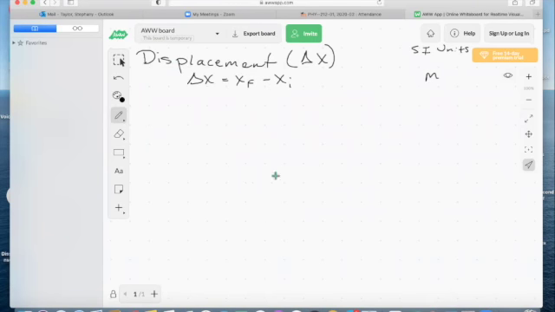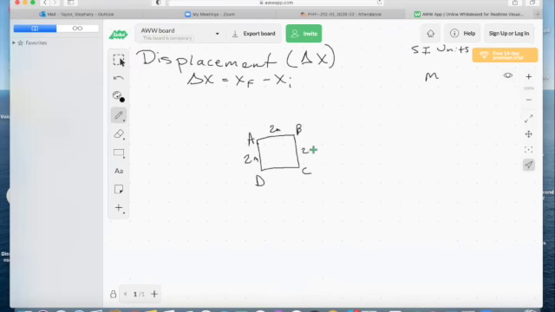All right, so let me just display a little example of the difference between distance and displacement. Okay, so let's say we have a triangle. Each corner is a position. So let's say A, B, C, D. And let's say each side is like 2 meters or something. So from A to D is 2 meters, from A to B is 2 meters.